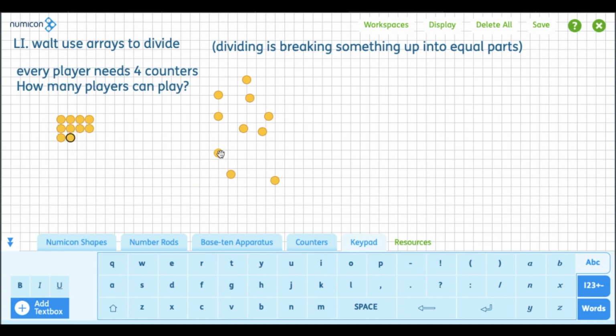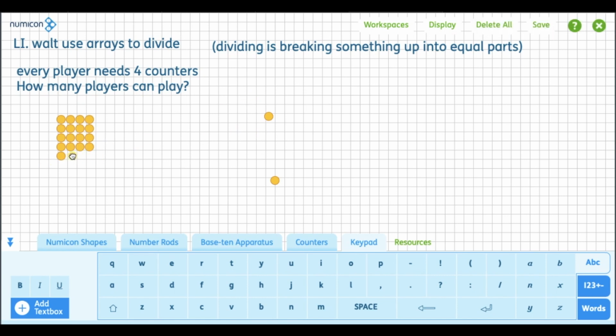So 3 players can play. Four players can play, and we still have some left over.